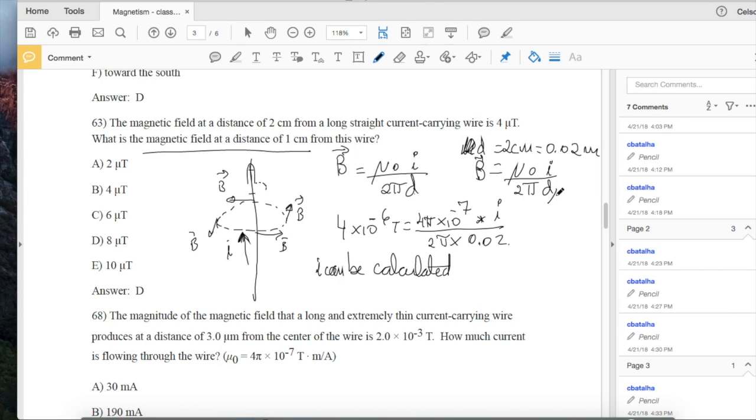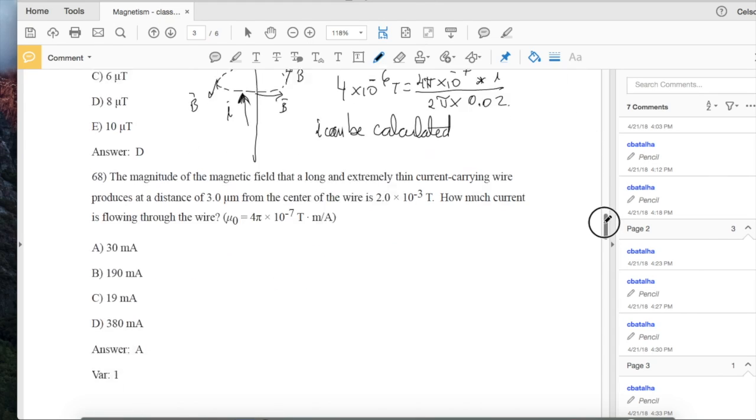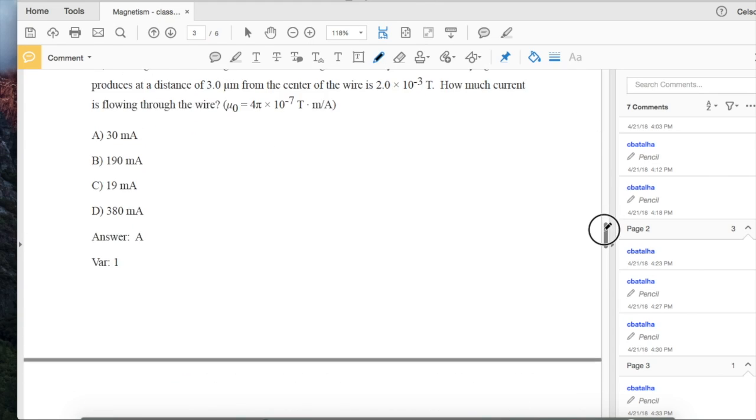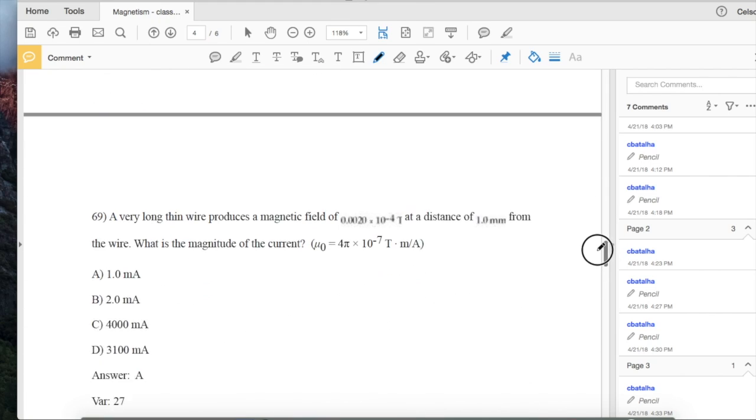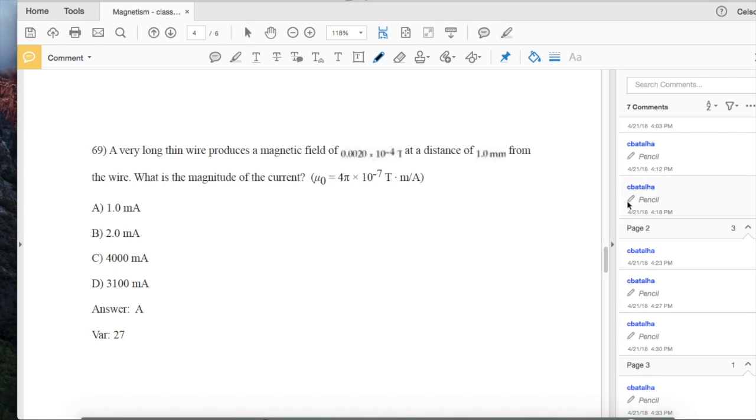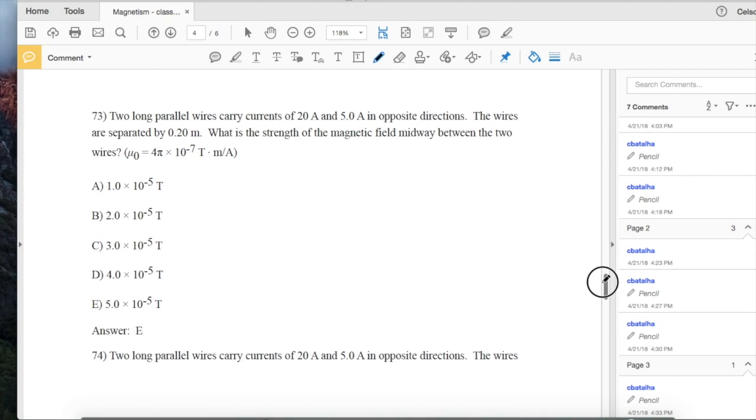So you are reducing the distance, so the field is going to be 2 times as big. It's the same idea here. If you can't do it, let me know.